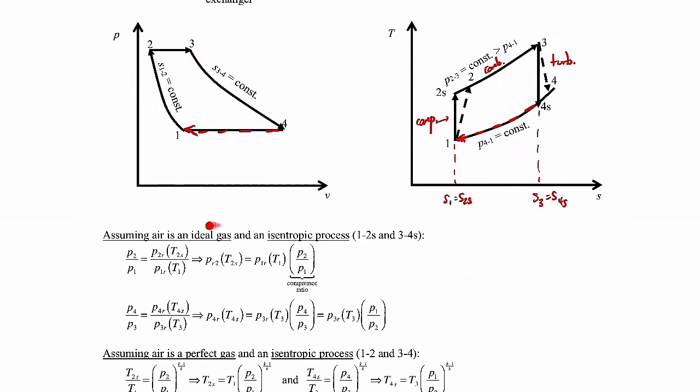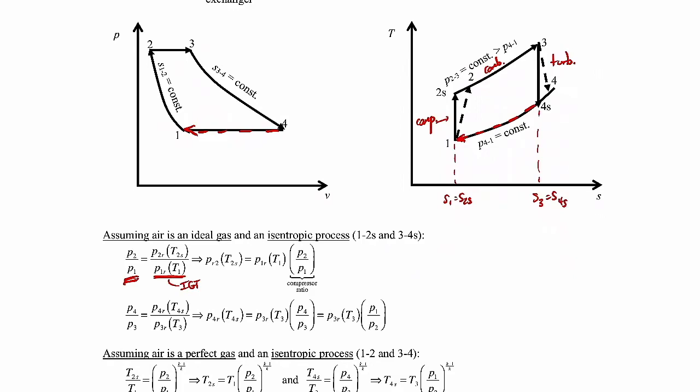So if you're dealing with an ideal gas in an isentropic process, we can use these relative pressures to find how the temperature changes. So P2 over P1, that's usually a design parameter. That's a given. To find the relative pressure at 1, you can use the ideal gas table for air to look up that value. If you know T1, typically you know that. That's a boundary condition.